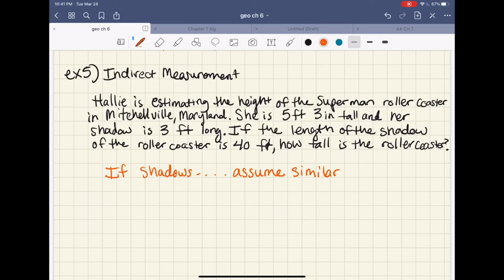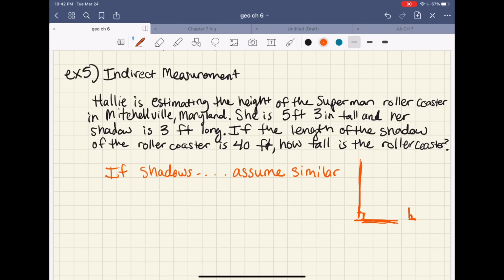You can assume that the triangles they're making are going to be similar, because if you think about it, the roller coaster height is going to be straight up and down with the ground. So we've got our right triangle there, and then we've got Hallie, who is also making a right triangle with her height to the ground.